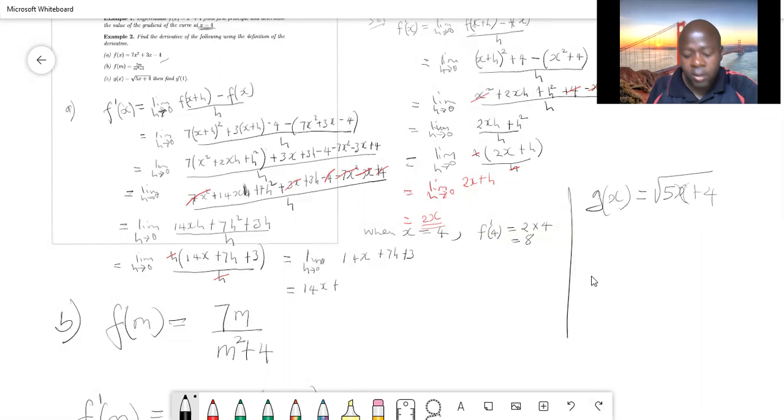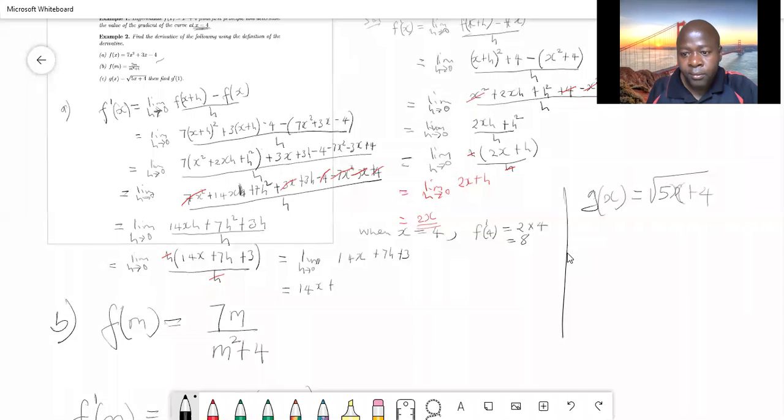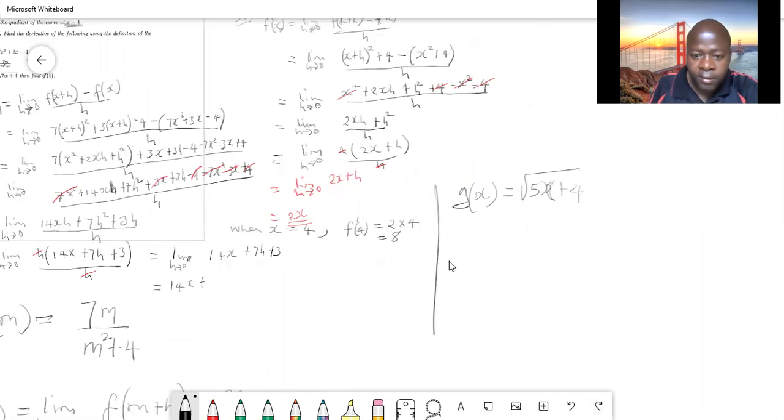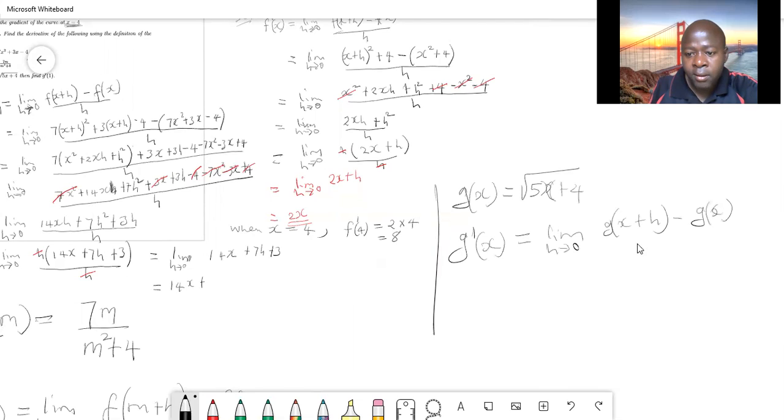So again, let's use our definition of derivative. So g prime of x equals the limit as h tends to 0 of g of x plus h minus g of x over h.